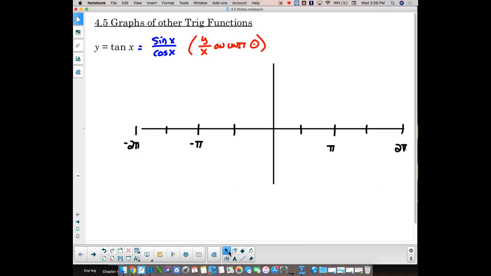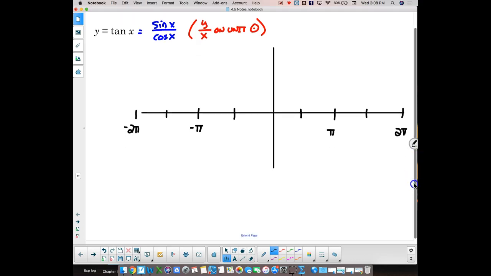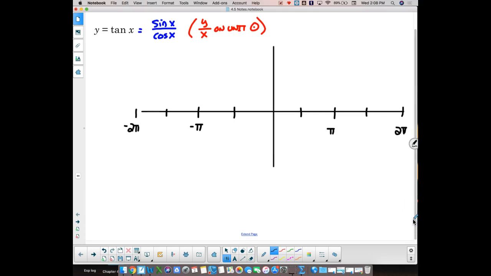All right. So let's look now. Let's figure out what the tangent of, let's say, 0 is. Put those all in blue. Oops. We'll stay in radians, not degrees.